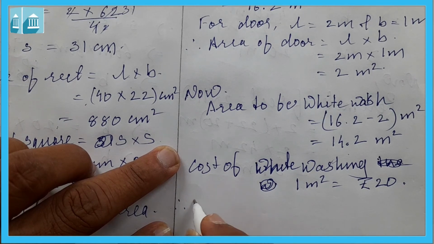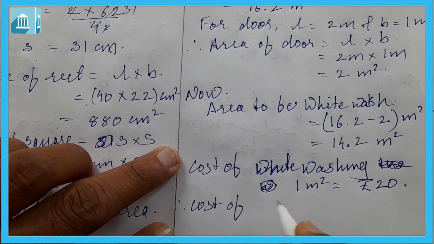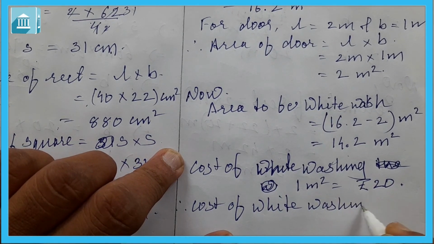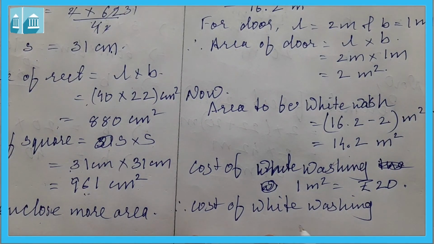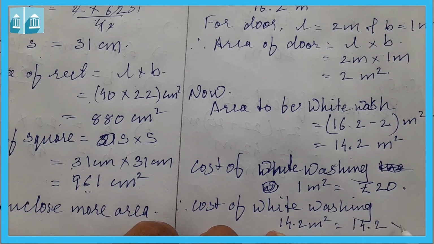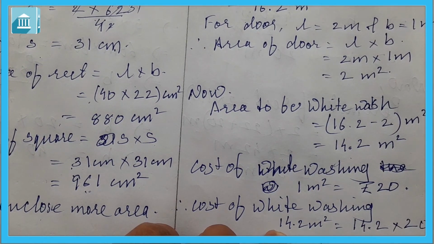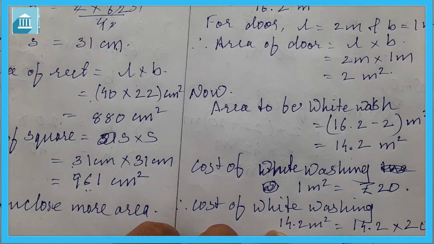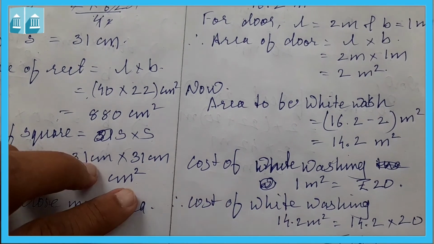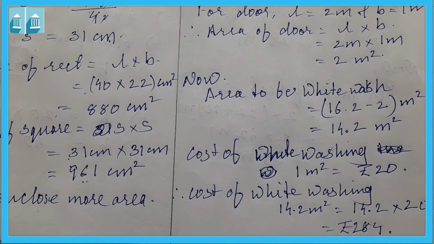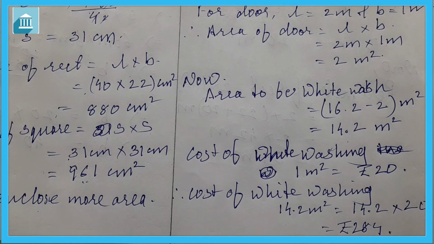Therefore cost of whitewashing 14.2 meter square is equal to 14.2 into rupees 20, which is equal to rupees 284. So the cost of whitewashing the wall is rupees 284. Here first we found the area of wall, then we found the area of door.